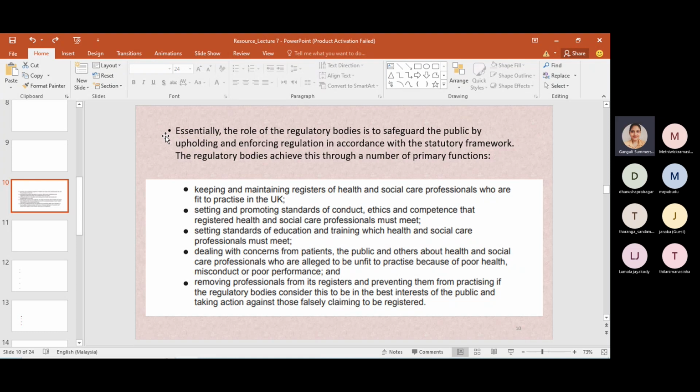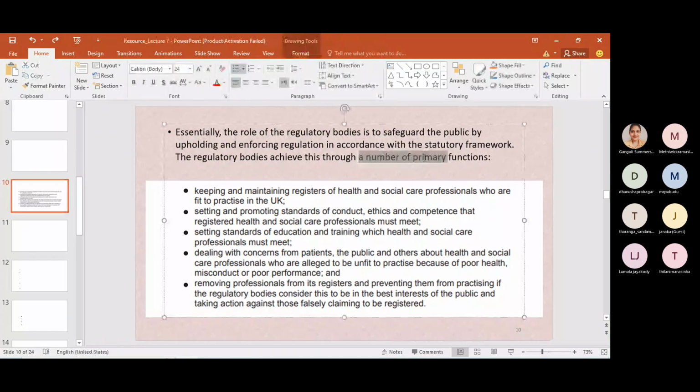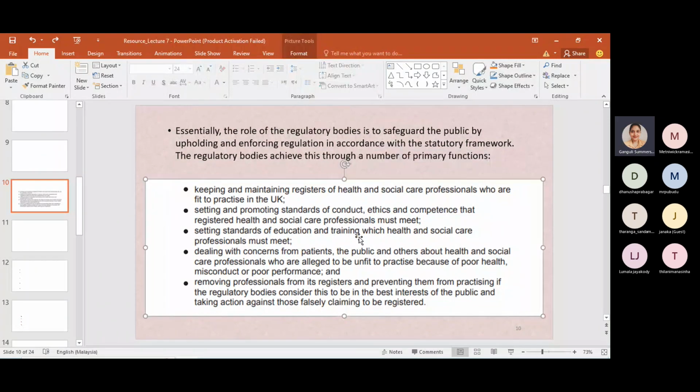Okay, so the regulatory bodies ensure the safety of the public through a number of primary functions. Here in this picture, you can see the primary functions or the main functions done by the regulatory bodies to ensure public safety.